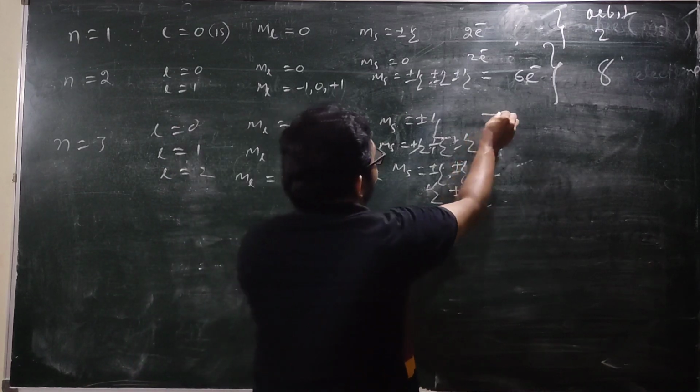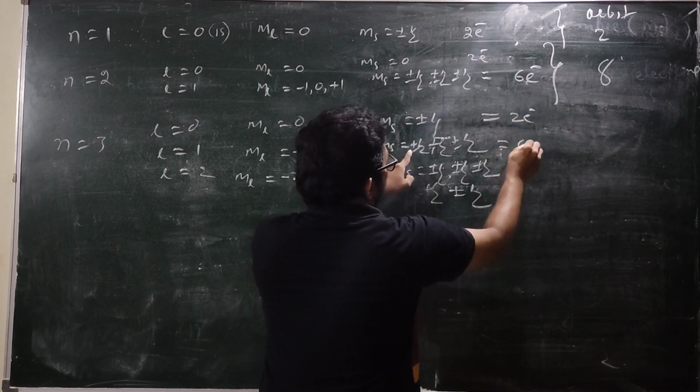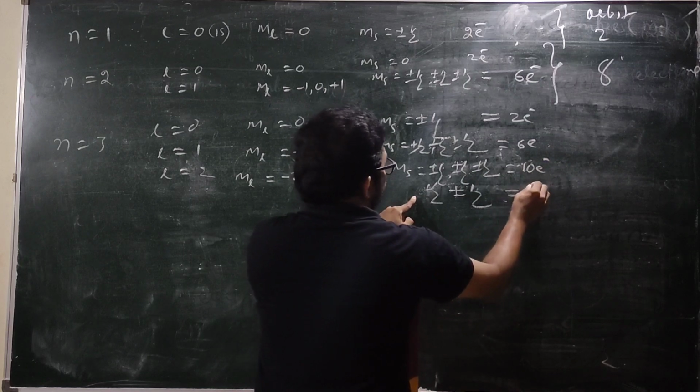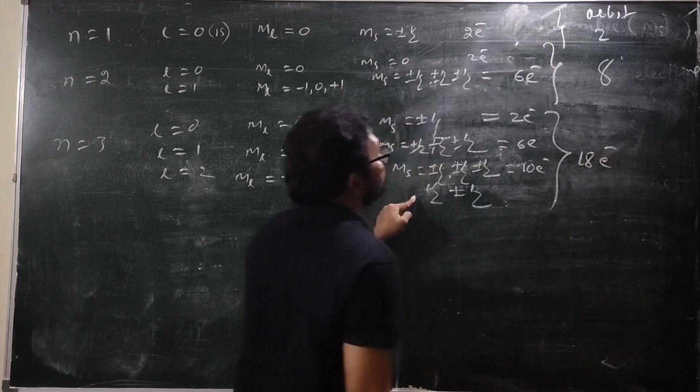That means the total electrons we calculate are 2 electrons, 6 electrons, here 10 electrons, so the total is 18 electrons.